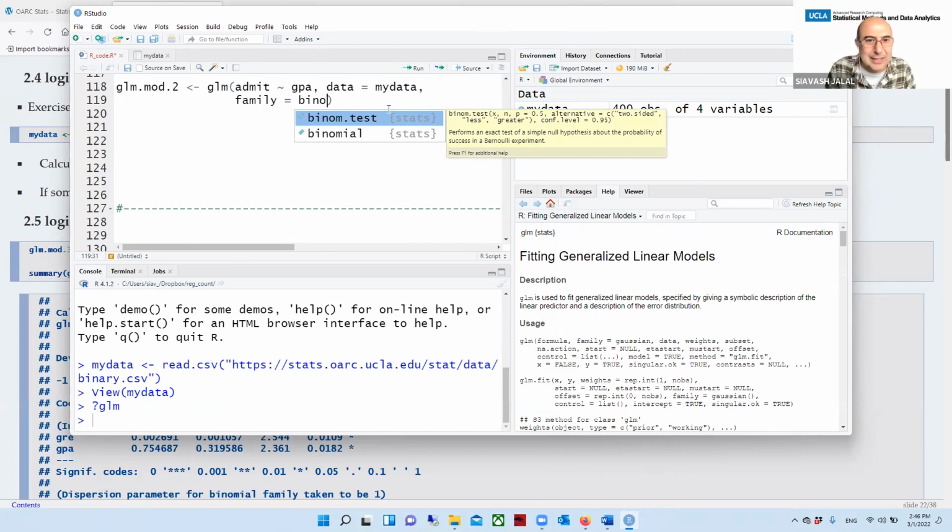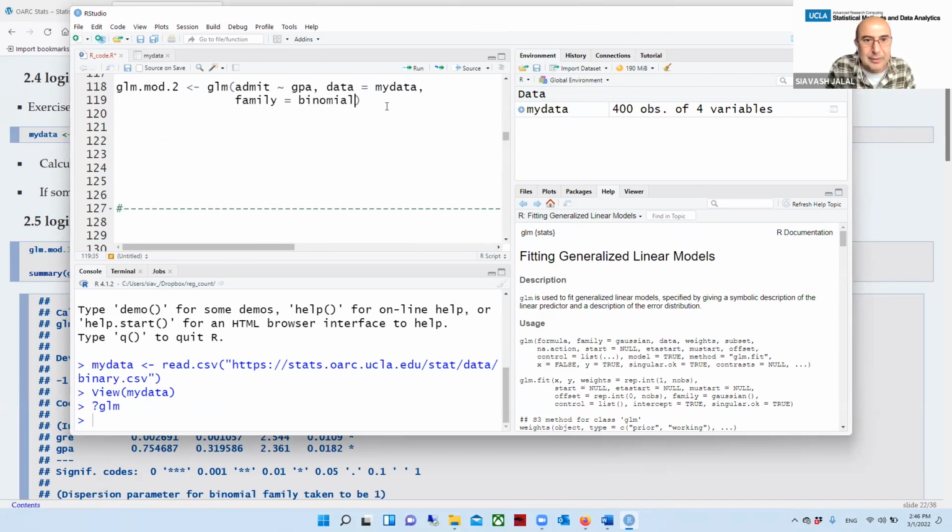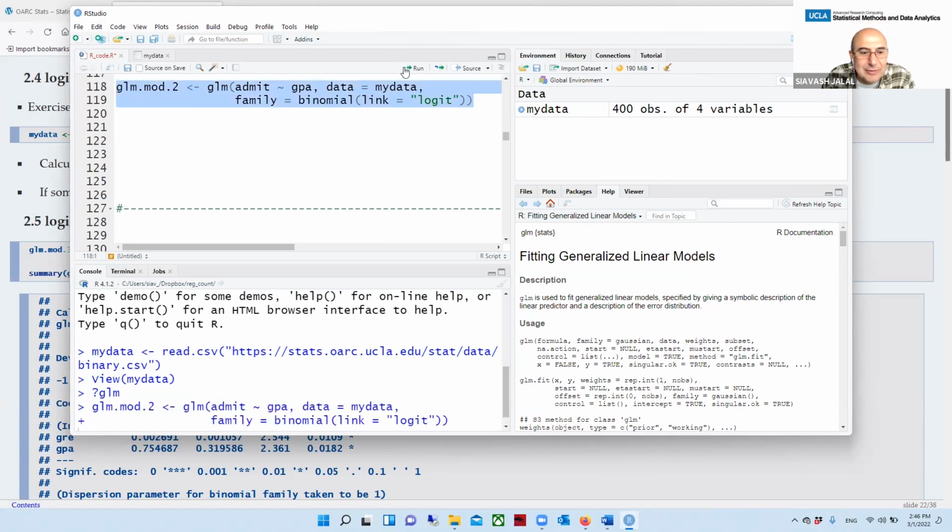Not binomial test, binomial. And then in the parentheses, you see here it comes, link is logit, link equal to, and the option should be in quotation marks. Logit. Logit is that logit function, right? So hopefully that runs fine.